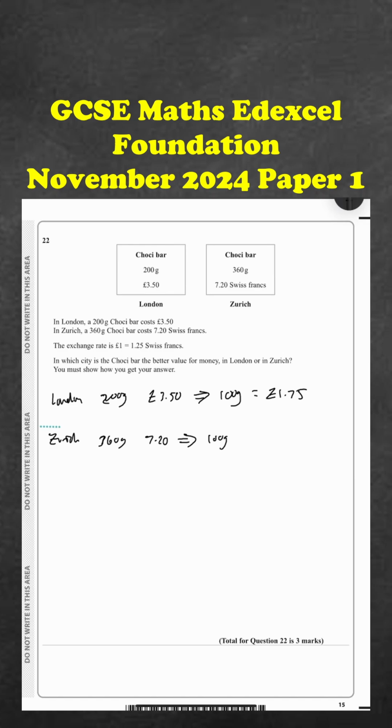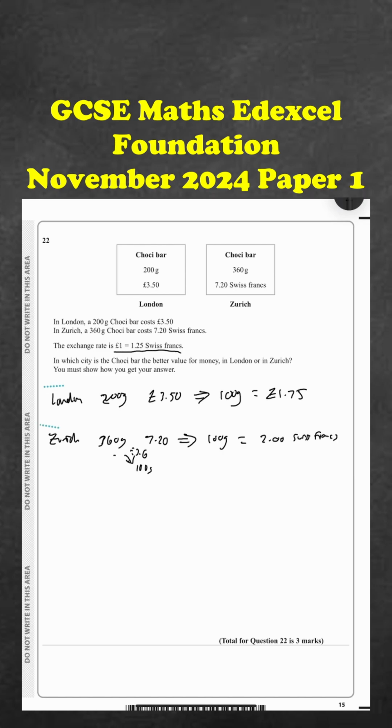Therefore, 100 grams is going to be, I'll just do 7.2 divided by 3.6, because we're going from 360 to 100, which is divided by 3.6. So 7.2 divided by 3.6 is just 2 Swiss francs.